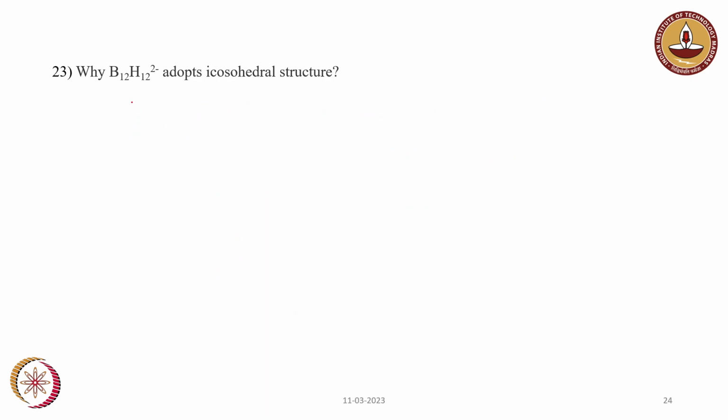Next question is why B12H12 2 minus adopts icosahedral structure. Again we'll apply Wade's rule. 12 borons are present, so 12 into 3, that is from boron, plus 12 hydrogens, 12 into 1, that is from hydrogen. 2 minus charges are present, so plus 2. Then 12 BH units are present, so 12 into 2.